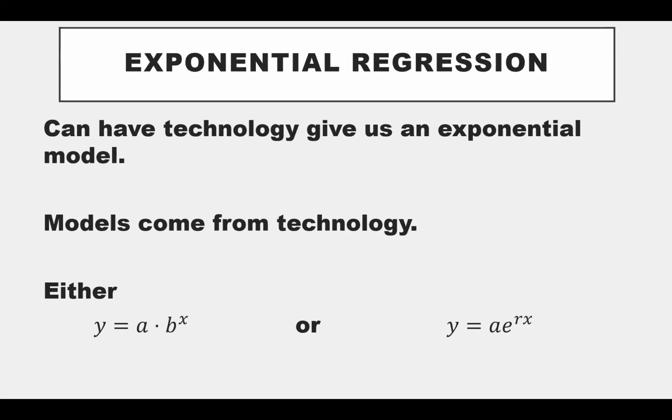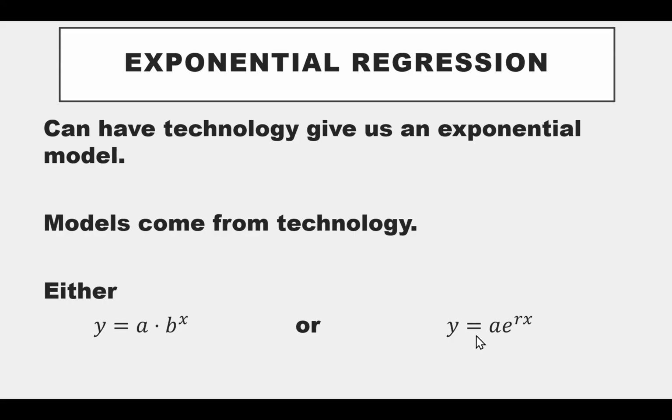So let's start out with exponential regression. Just like with our linear models, we can have technology generate an exponential model. These models are either going to be written as y equals a times some base to the power x, or y equals a times e to the rx.